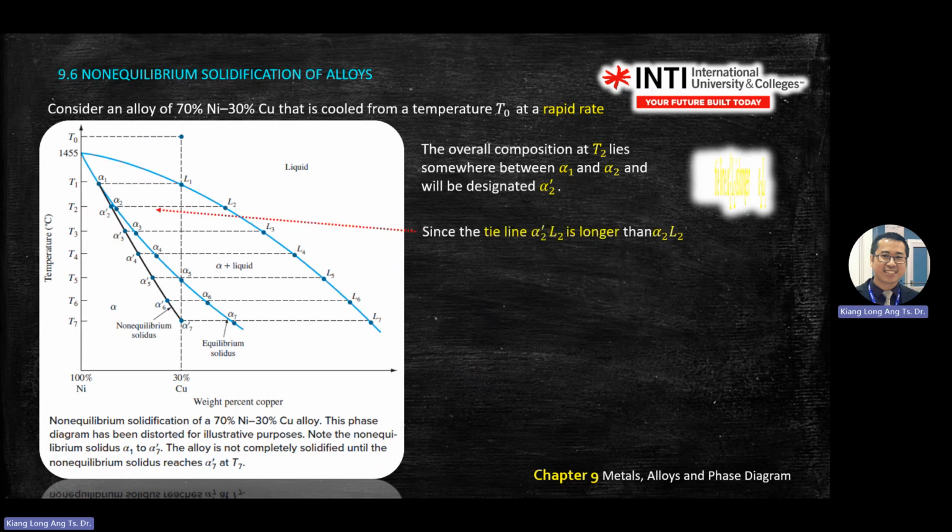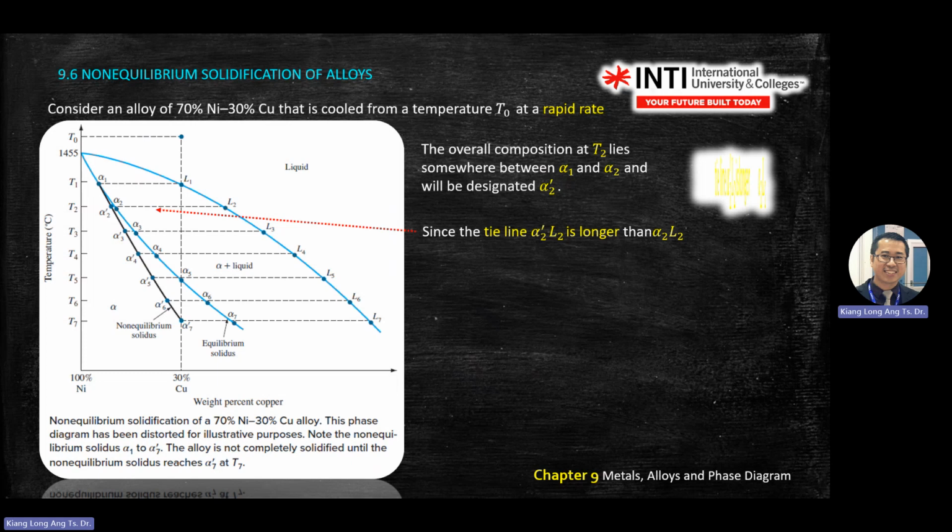Okay. So here, since the tie line of rapid cooling is longer than the normal cooling, alpha 2, L1, what does the same mean?